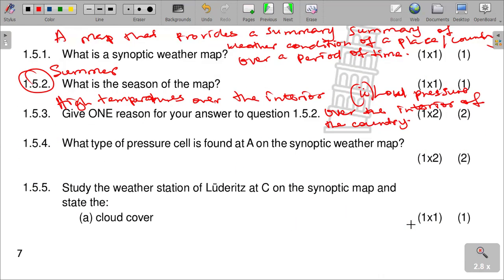And then, what type of pressure cell is found at A on the synoptic weather map?